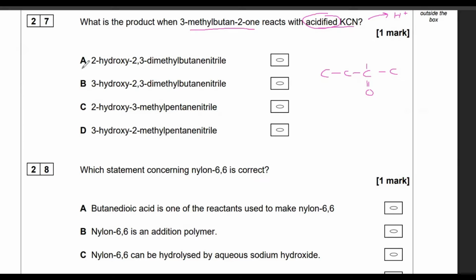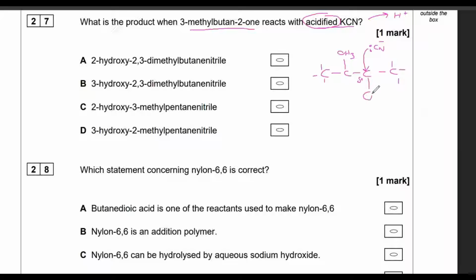So we have butan-2-one. I want my ketone group on the 2nd carbon, and then that means my methyl group is going to be on the 3rd carbon, and that's going to be delta positive, and the oxygen delta negative. Of course, my nitrile, I'm going to do it attacking from the top. It's a lot easier. Let me rub out that one at the bottom. My CN minus with a lone pair is going to attack that delta positive carbon.